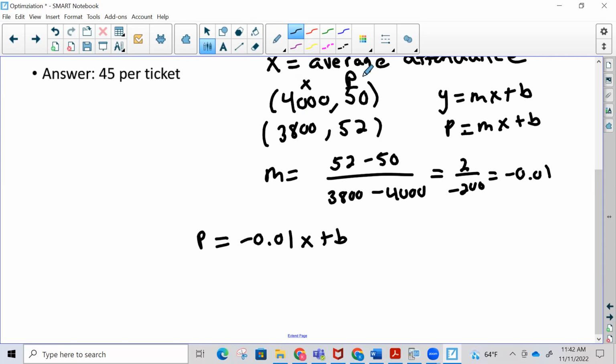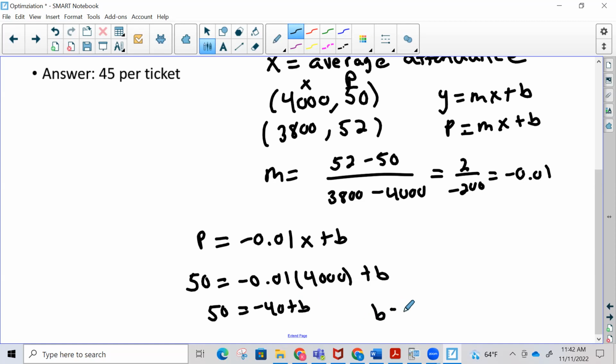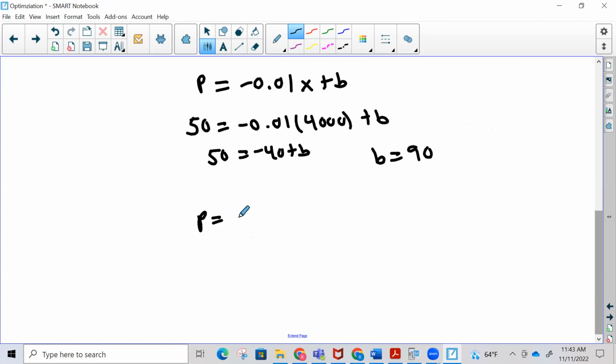This is my X, this is my P. So we have 50 equals -0.01 times 4,000 plus B. We're going to solve this. I get 50 equals -40 plus B, add 40 to both sides, and I get 90 for B. So my price equation is -0.01x plus 90.